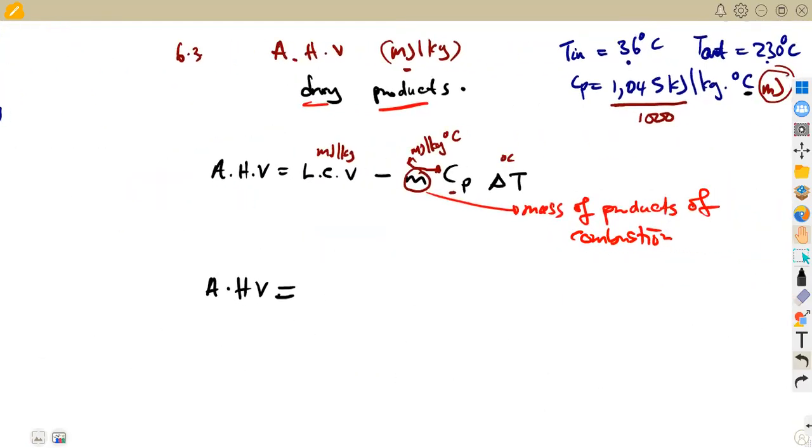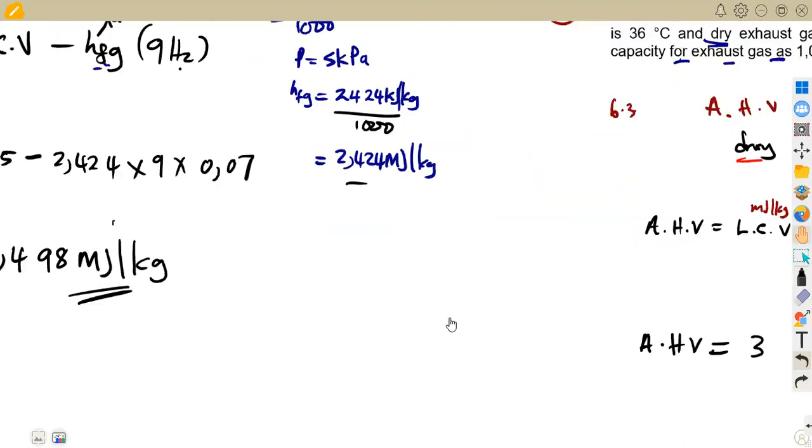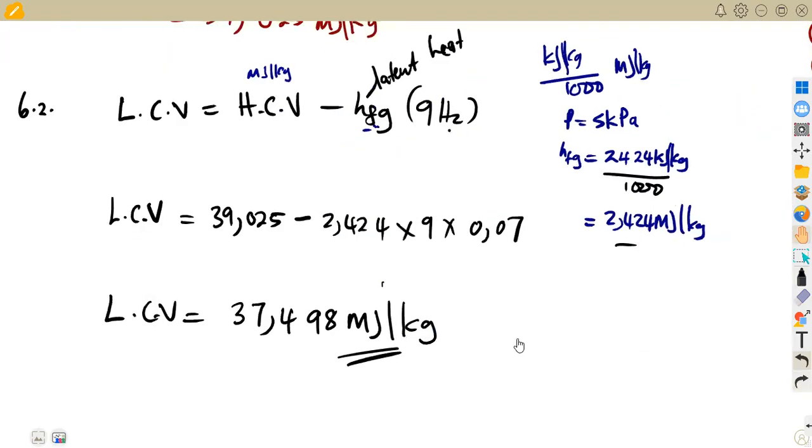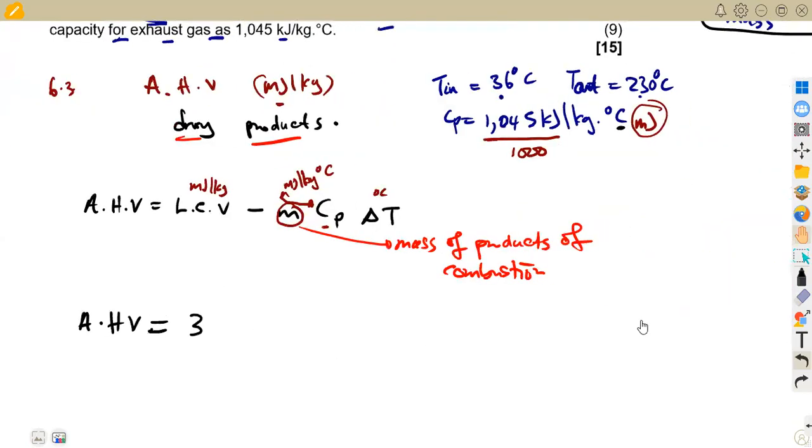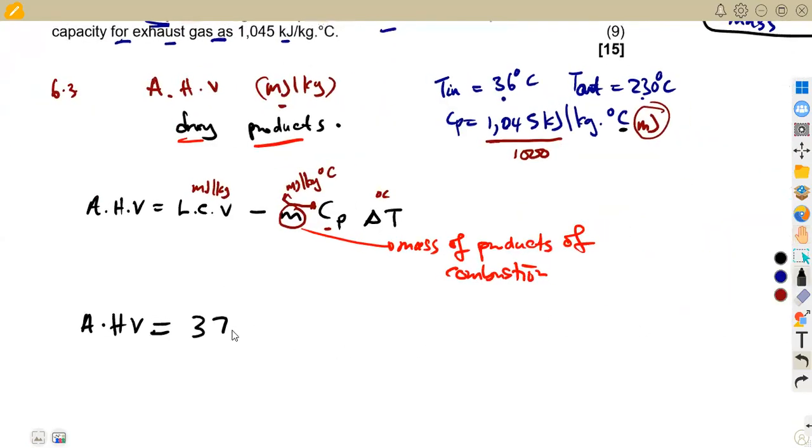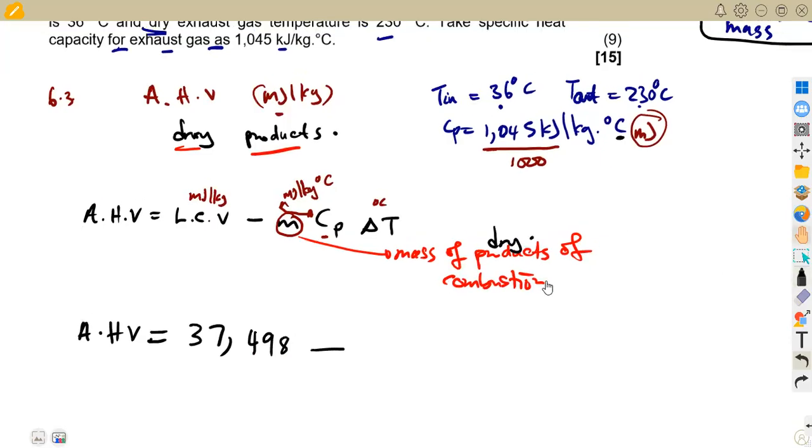So our value is at 37. Sorry for that, let me check again. All right, 37. So the value there is 37,498. All right, 498 minus the mass of the products, which is the dry product, the one that we calculated here.